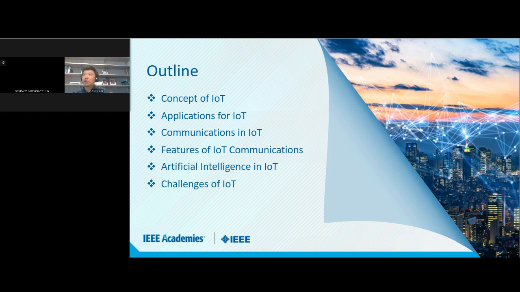Then I will introduce the IoT communications, which is one of the key elements in IoT to connect different devices together, and also provide some features about the IoT communications, why the IoT communication is so unique. Then afterwards, I will explain how to apply artificial intelligence and machine learning models to analyze the data that are generated by different devices to extract high-level knowledge and models. So finally, I will discuss some challenges of the IoT and some potential solutions.